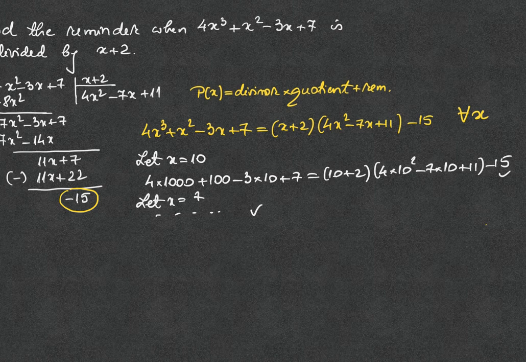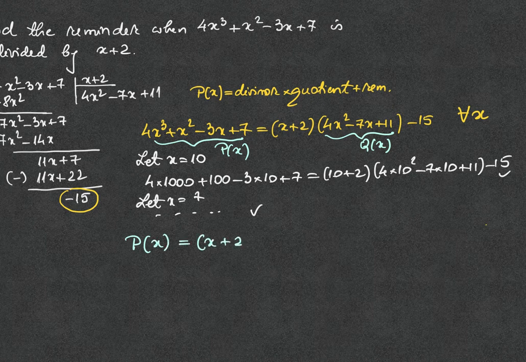So let me rewrite the statement above as, let me call this p of x, and let me call this q of x. And I want to divide p by x plus 2. So p of x will be x plus 2 times q of x plus a remainder. Let me put it r from remainder.